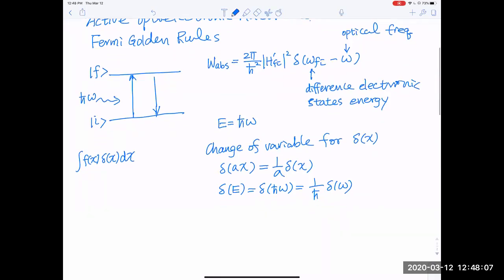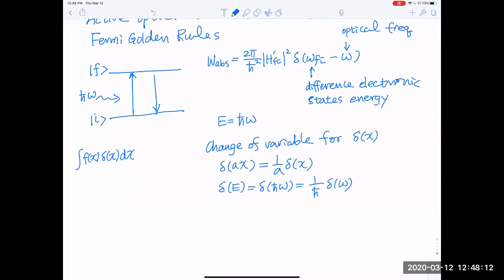If we substitute and convert this absorption transition rate, we will have W_abs, absorption, equal to 2 pi over h bar, with the same matrix element, H_FI prime squared, and now a delta function of electron energy minus hole energy minus h bar omega.